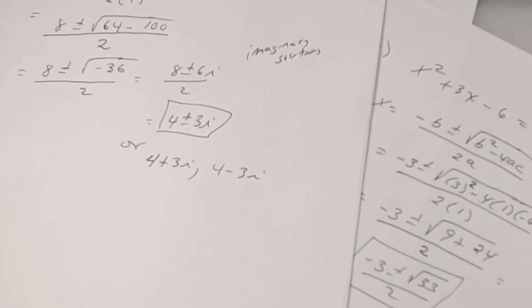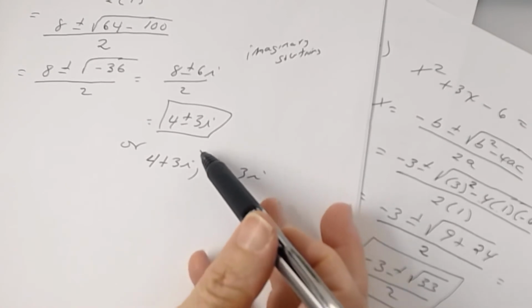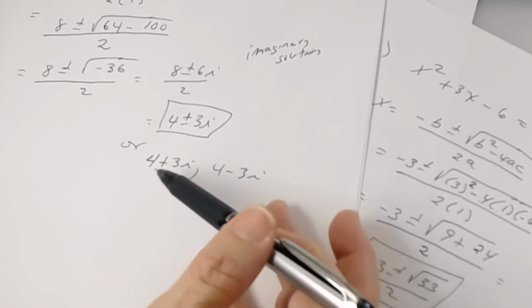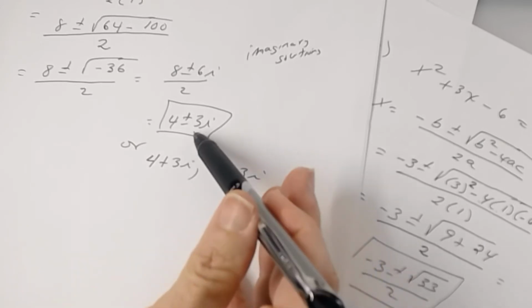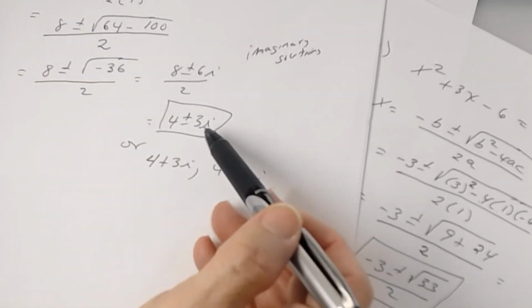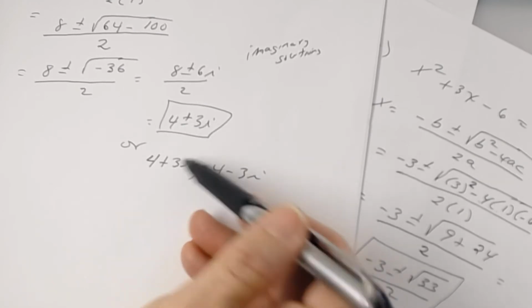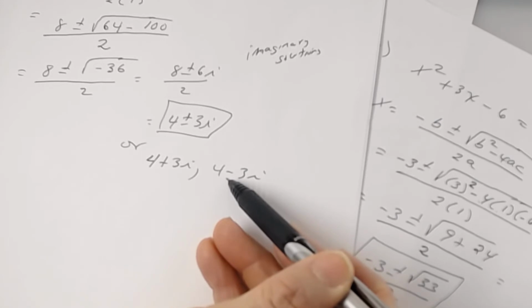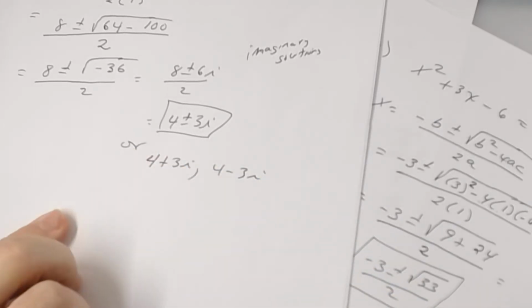If this is in context, you will probably want to break it down to its individual parts, because there's a reason why you were doing that. Here, we just want to see if you can solve a quadratic equation. But you do have to understand that there are really 2 solutions here, and those are the 2. But yes, you would want to break it down to its individual solutions.